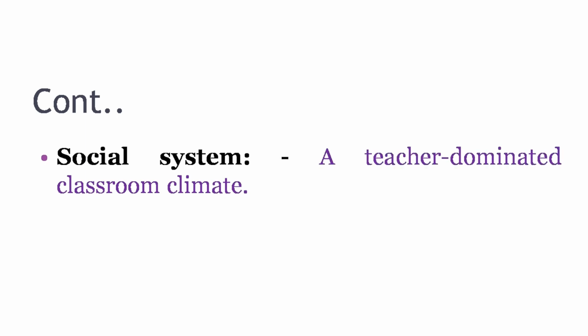Next element of this teaching model is social system. The model describes a teacher-dominated classroom climate. Here, students are receptive and appreciative of the teaching activities.